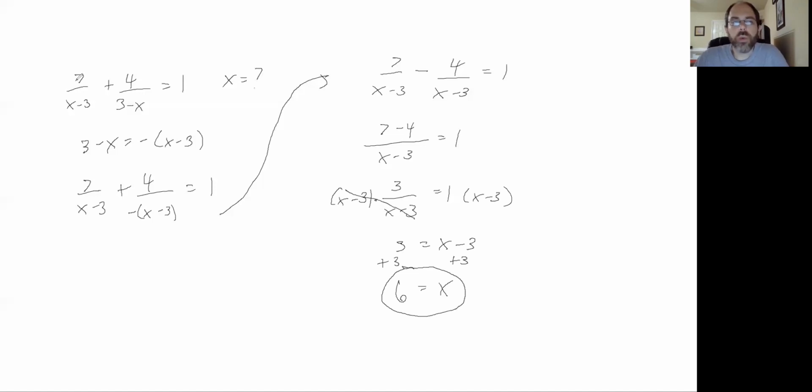Let's double check that we're right. If I plug in a 6, 6 minus 3 is going to be 3, so that fraction becomes 7/3. Plus 4 over 3 minus 6 would be a negative 3.